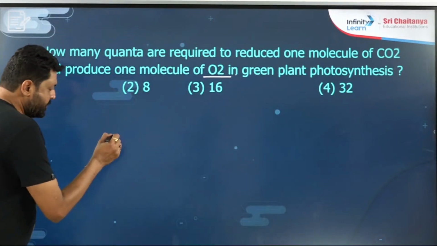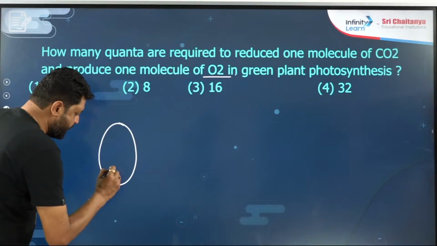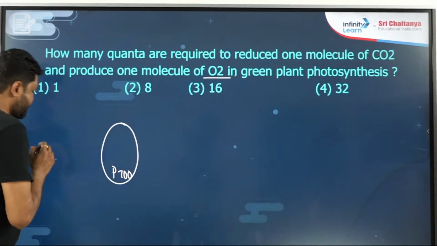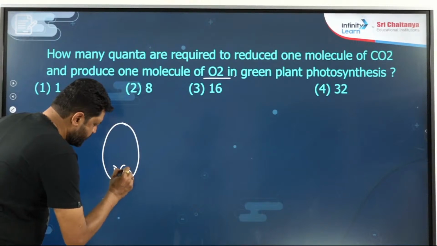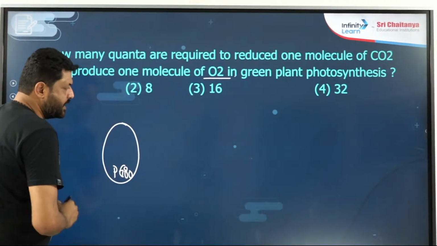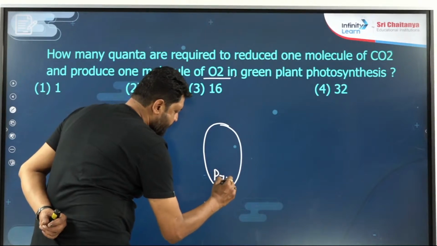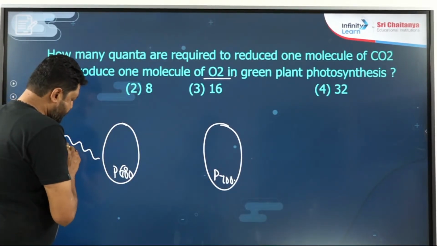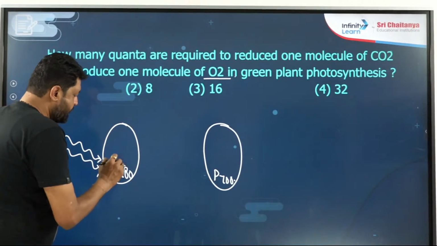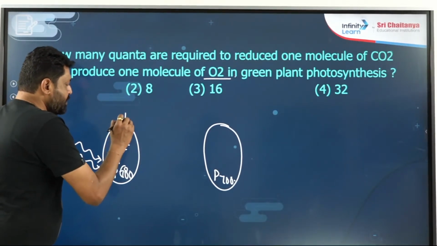You know very well, this is reaction center 1, that is P700, and this is reaction center 2, P680. It will absorb 2 photons of light, and 2 electrons will be excited to pheophytin.